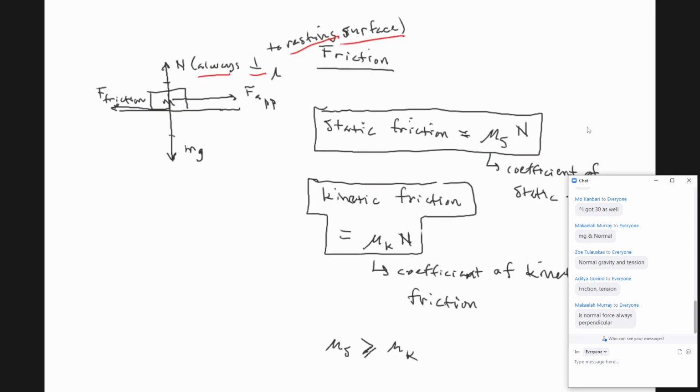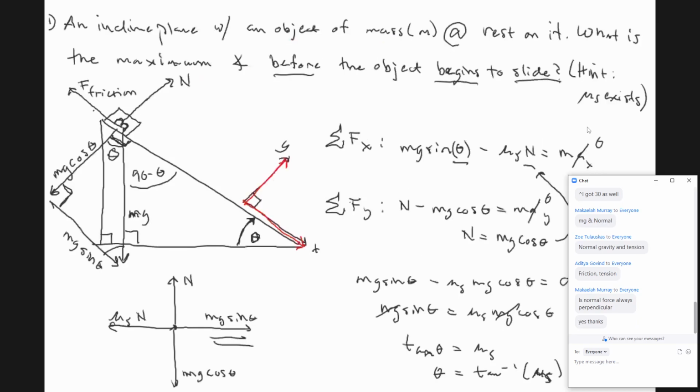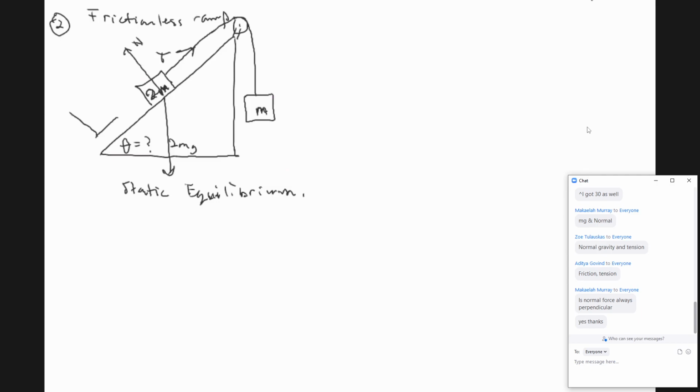So no matter where the resting surface is, if it's a vertical resting surface, the normal force is horizontal. Make sense? So in this case, it was perpendicular, and then it's going to be perpendicular again. Cool?